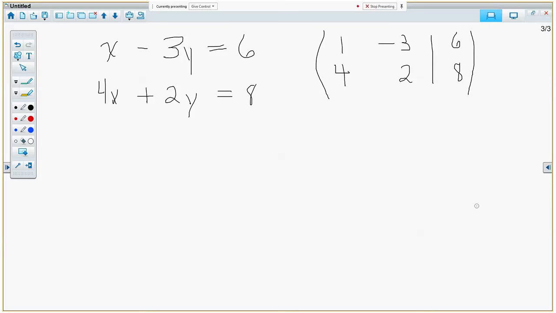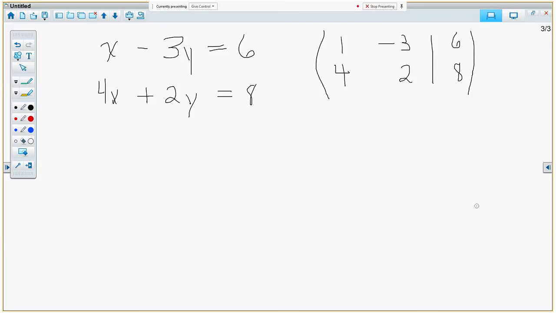So if I want to get rid of something in row 2, what's the only other row I can use? Row 1. So you're going to multiply row 1 by -4 and add it to row 2 to get new row 2. What'd you say? See?